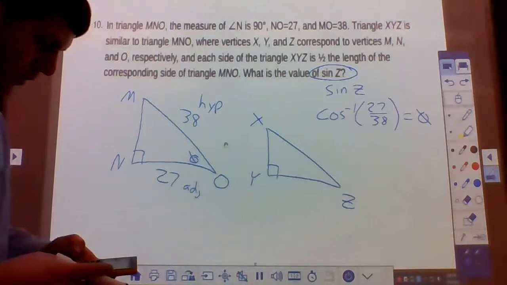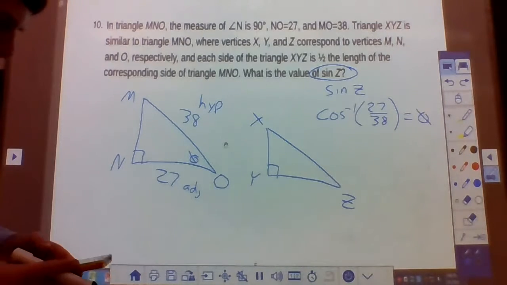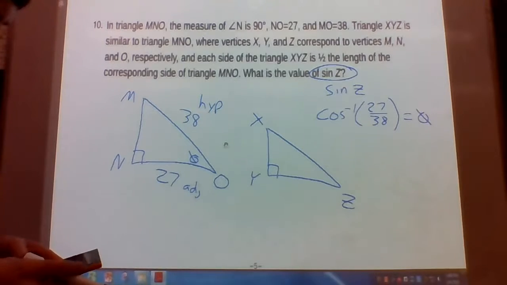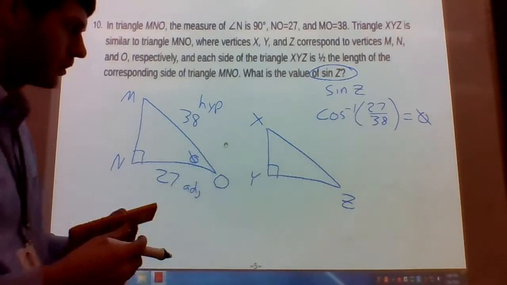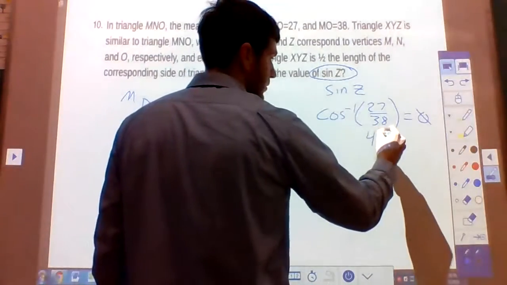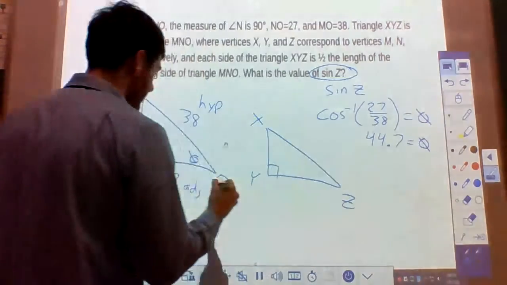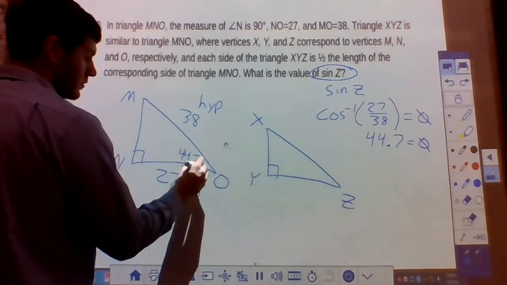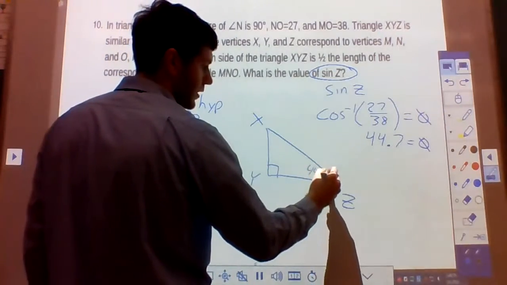So the inverse cosine of 27 divided by 38. Hold up, I hit the wrong thing. 44.7. So we know angle O here is 44.7. Since these are similar triangles, we know the measure of angle Z is also 44.7.